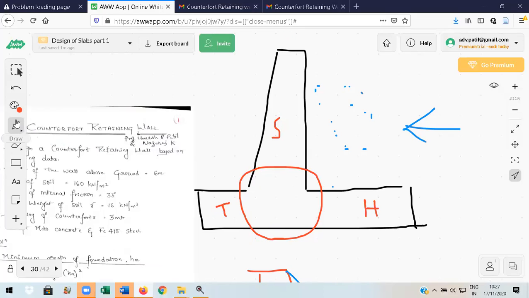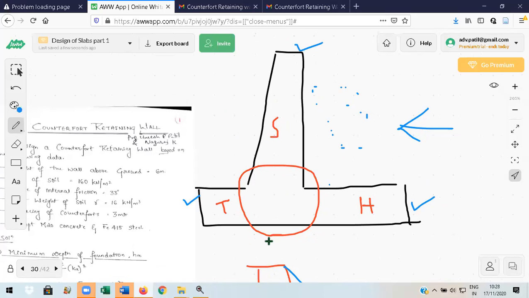In case of a cantilever, this is the free end of stem, this is the free end of toe, this is the free end of heel, and all these three components are fixed at their junction. Okay, so this is why we call it a cantilever retaining wall.